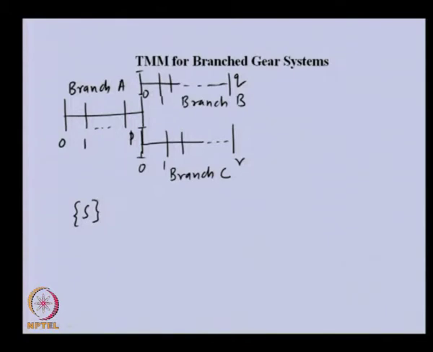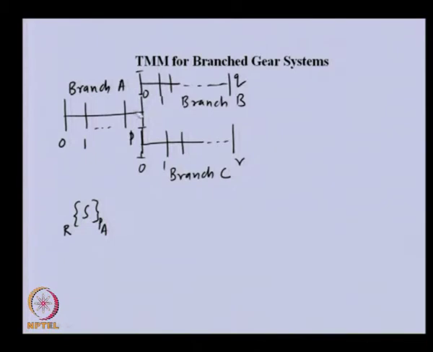for, let us say, the pth station of branch A, right side of the disk. So, basically this particular state vector is here, this is the branch A and pth station, and right side of this particular gear is this particular state vector.